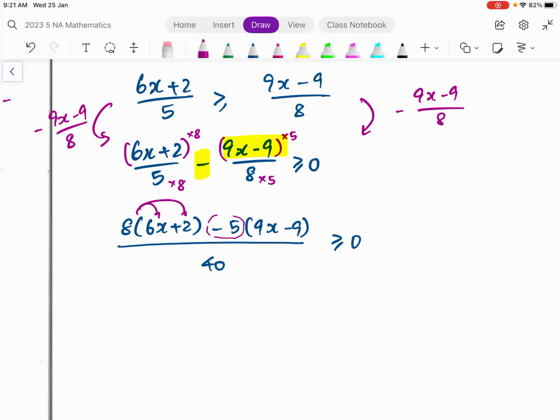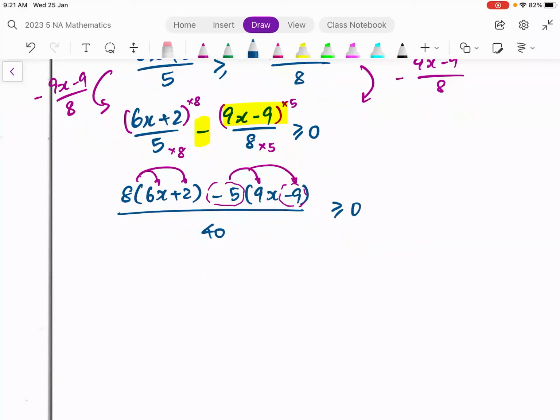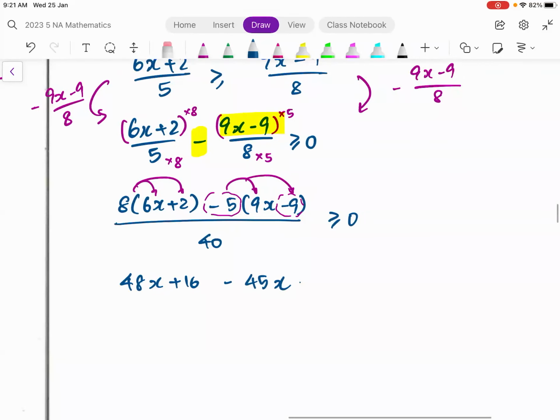The negative 5, the entire negative 5 times 9 times the entire negative 9. Okay, so we have 48x plus 16 minus 45x. Negative 5 times negative 9 is positive 45. Okay, give you some time to copy this down first.